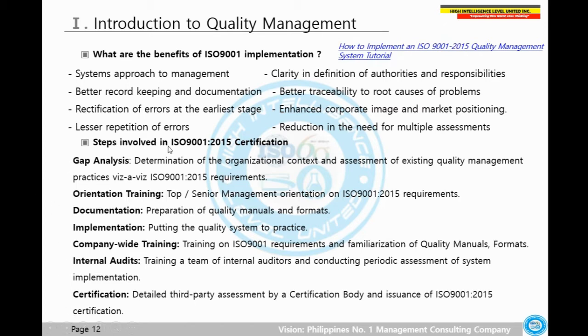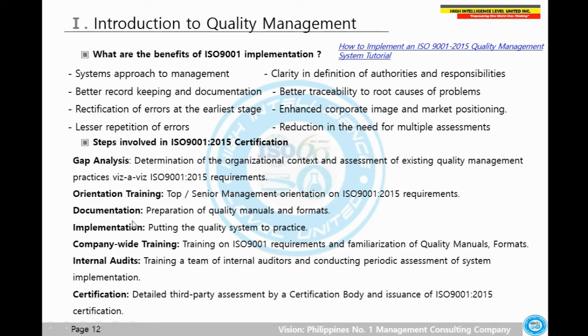Steps involved in certification. The first one is gap analysis. Gap analysis means we have to check between ISO requirements and our organization's status. What is the gap? What is the problem?